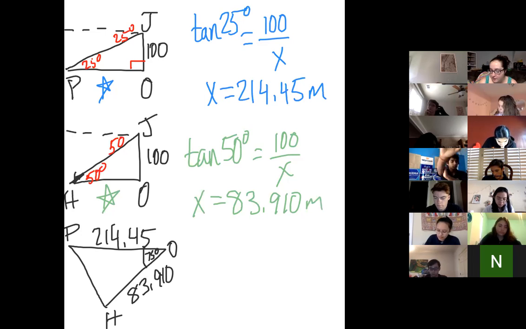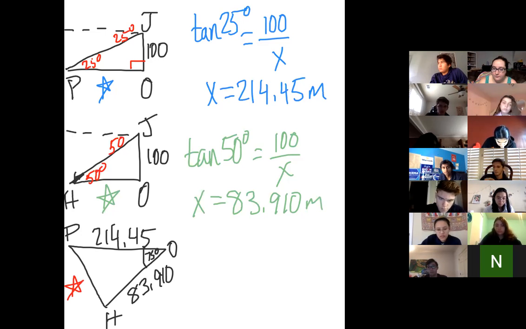Okay, so what I end up getting here, what can I use? I want to know the distance between the two ships. What do I need to do to find that? Can you use tangent again? Cosine rule.